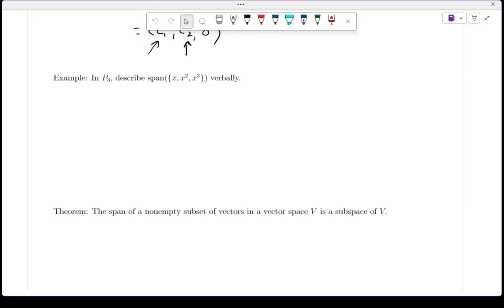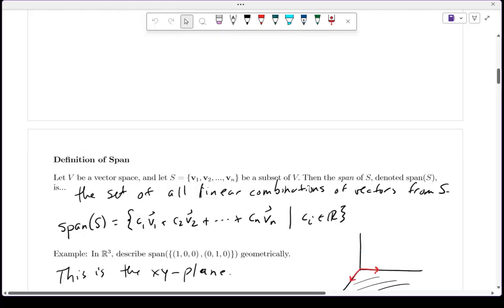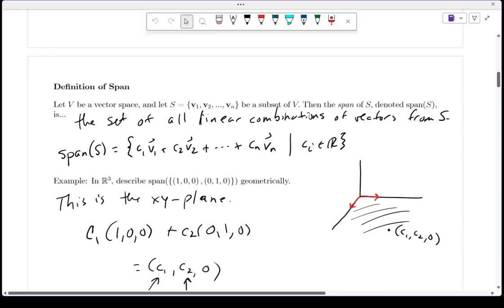So we discussed span of a set last time. And remember that the span, scroll back up to the definition here, is just the set of all possible linear combinations that you can make using vectors from the set. So we did one example last time about a geometric interpretation of a span.